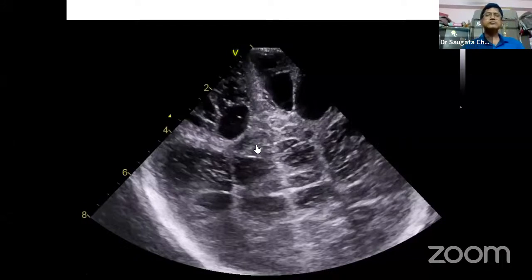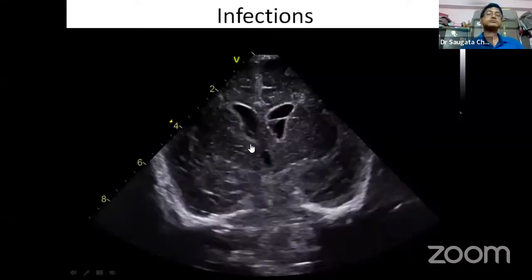Next comes infection. Generally, if you see this kind of strands, or sometimes some particles or debris visible, this is a kind of bacterial infection.